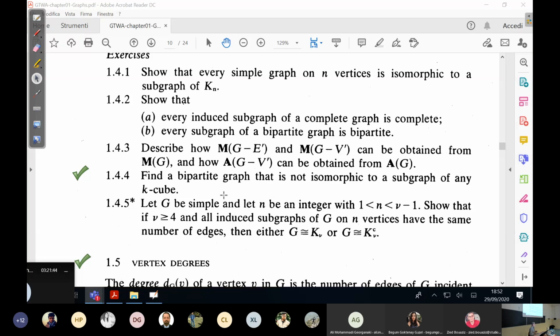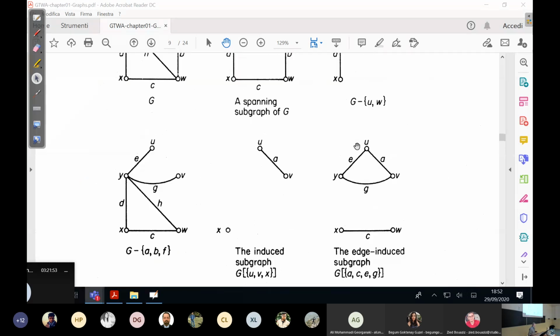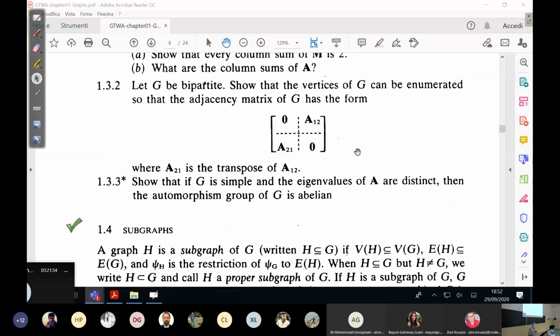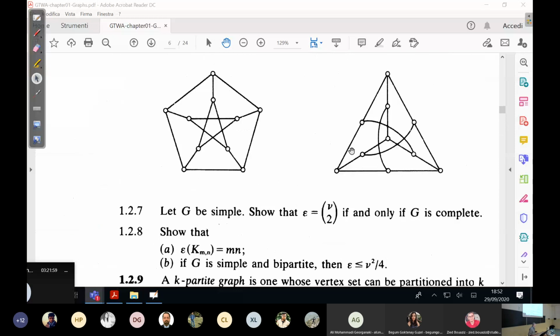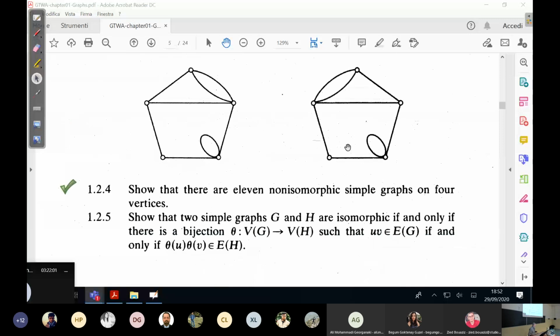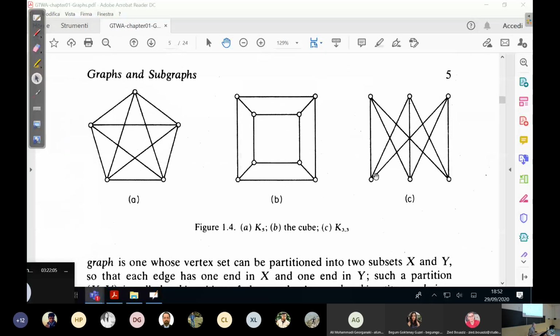At the beginning, I thought there is figure 1.4c on the text, on the bipartite graphs, the one with 6 vertices.